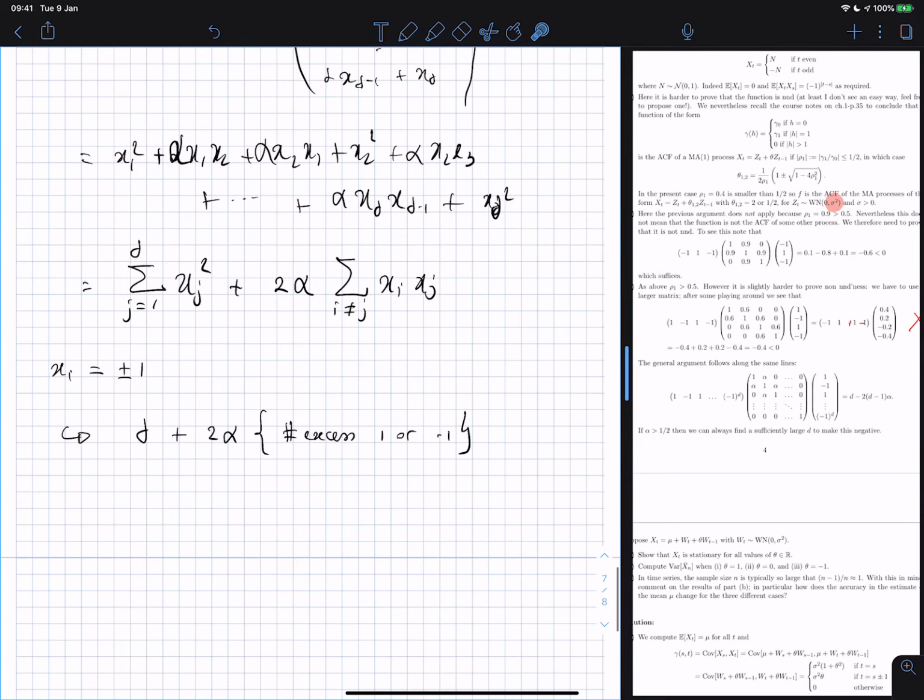I guess it is. And then, if alpha is positive, I'm going to take xi to be minus 1 to the power i plus 1. Sounds good.